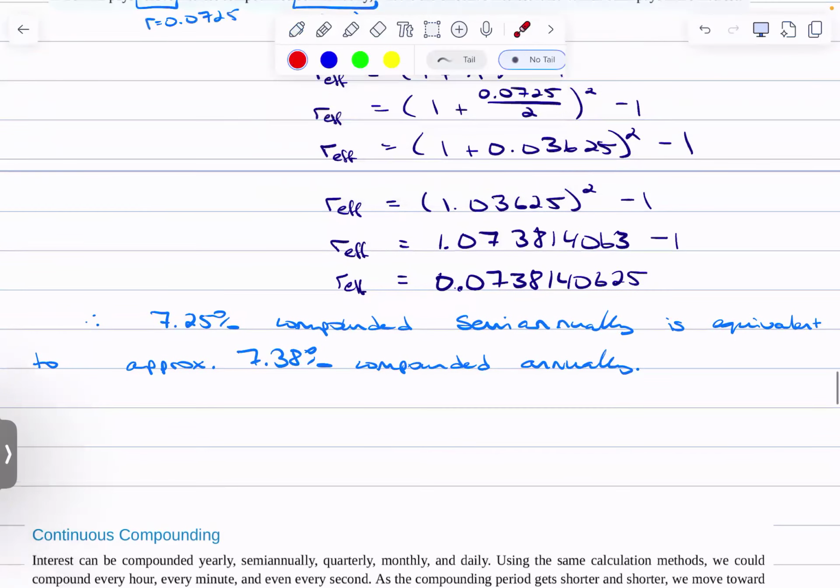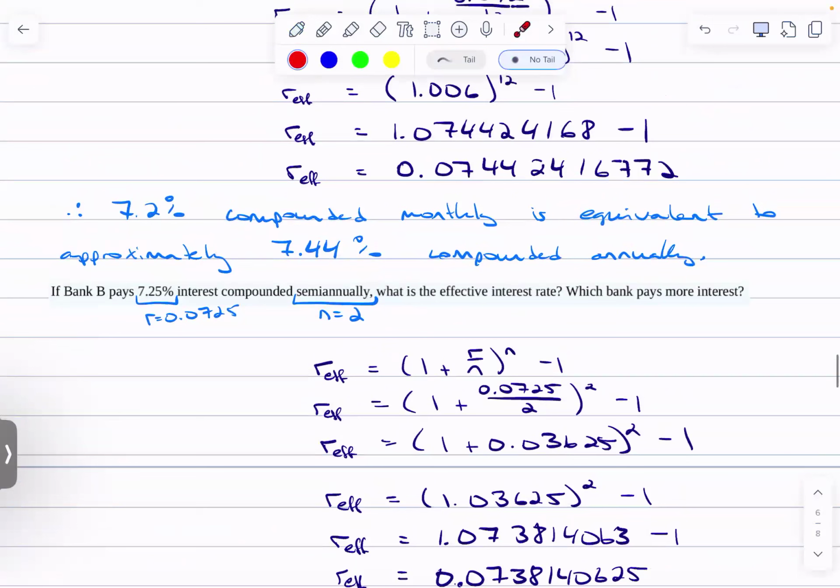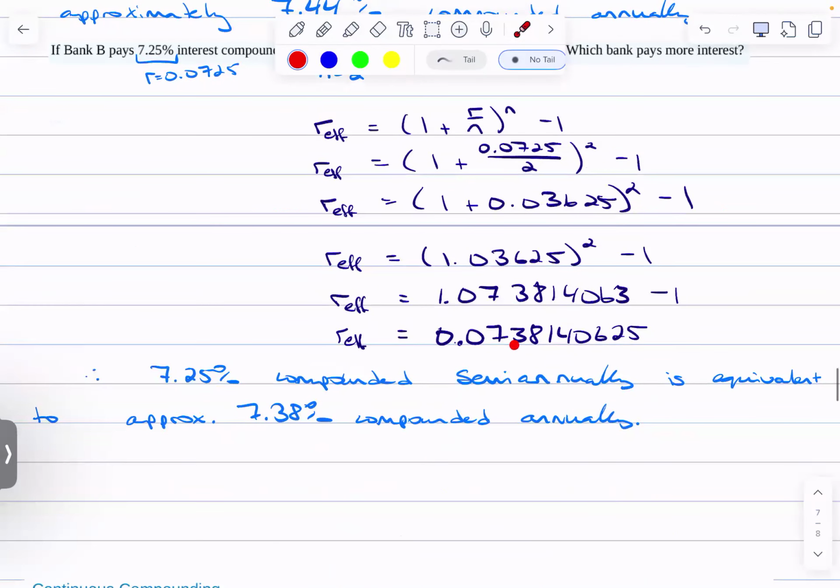Now, because these effective rates are both compounding annually, we can choose one. In this case, if we're investing money, then we want a higher rate. If you're borrowing money, you want a lower rate. So it depends on what you're doing. In this case, for investing money, I would prefer 7.44% instead of 7.38%.